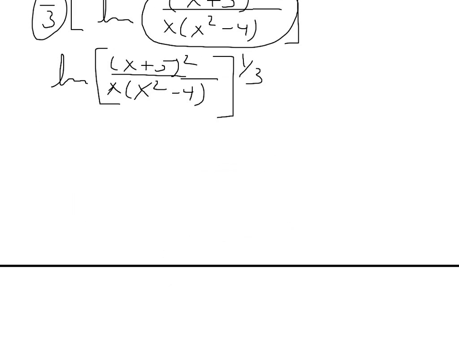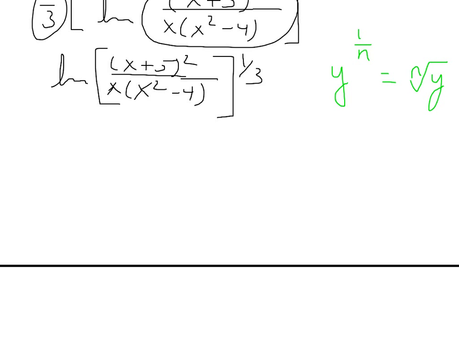And then I wouldn't leave my answer quite in this form. We're almost there, but we should all know that a 1/3 power is the same thing as a cube root. Remember the radical rule? There's a rule that says something to the 1 over n power, y to the 1 over n, is equal to the nth root of y. So a power of 1/3 is the same thing as a cube root.